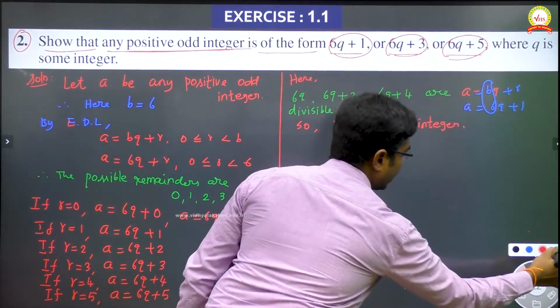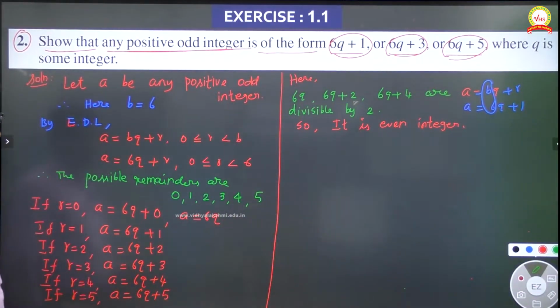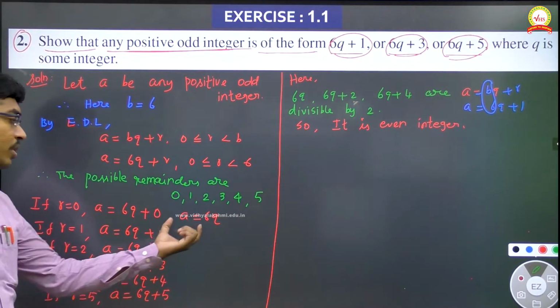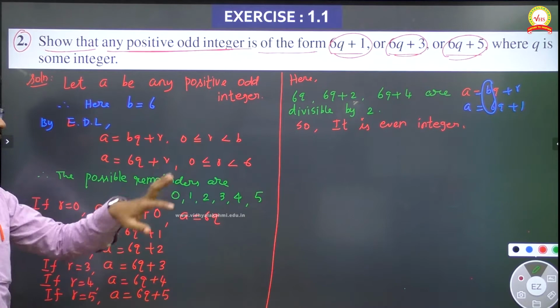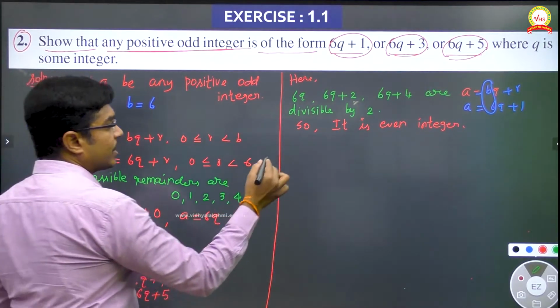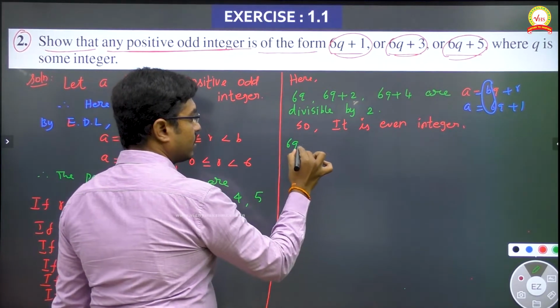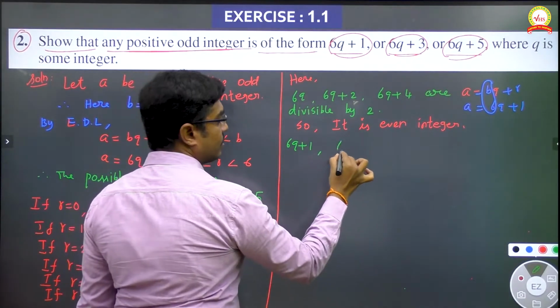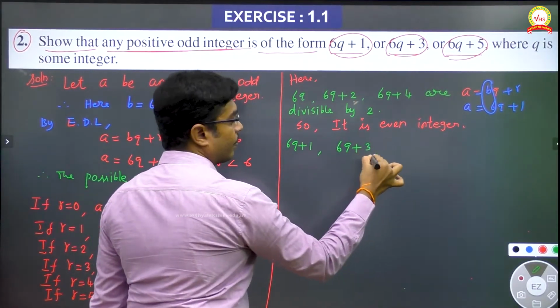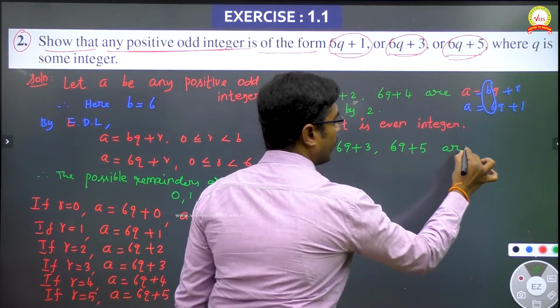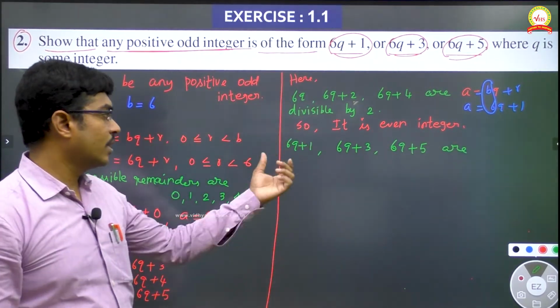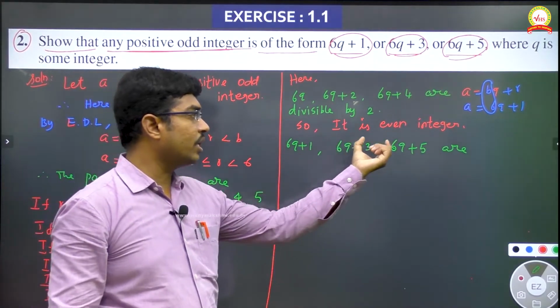Okay, next, what is the remaining amount? 6q plus 2 and 6q plus 4, I already took. Now 6q plus 1, 6q plus 3, and 6q plus 5 have remainders 1, 3, 5.